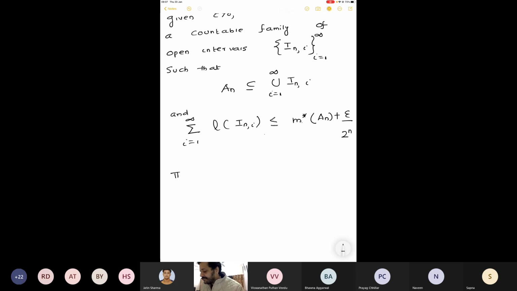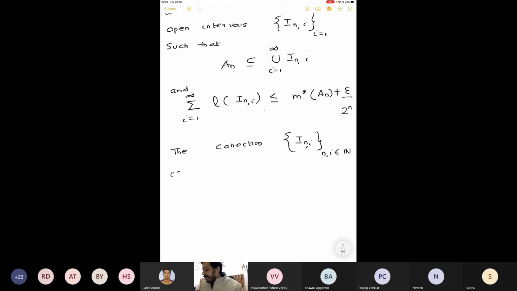The collection I_{n,i}, where n and i both are varying, is a countable collection covering the union of A_n, n equal to 1 to infinity, because for each fixed n, I_{n,i}, i varying from 1 to infinity, covers A_n.